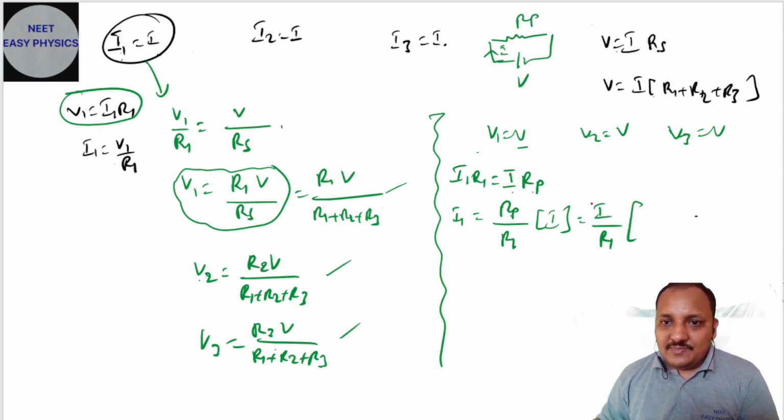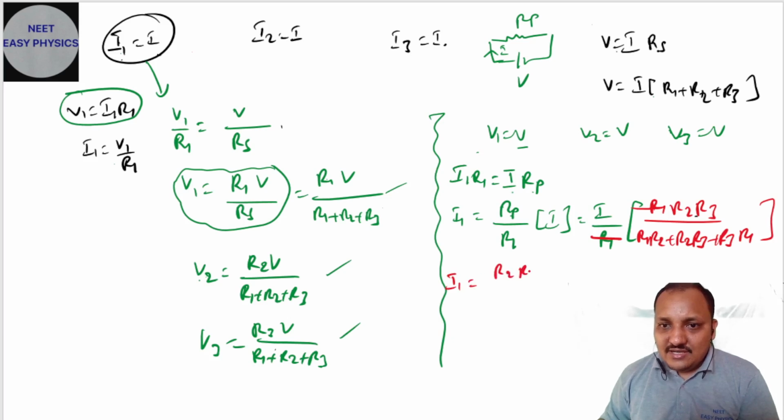In place of Rp, we can write R1 R2 R3 by R1 R2 plus R2 R3 plus R3 R1. So one R1 will be cancelled. Therefore, you got I1 is R2 R3 by the same denominator, R1 R2 plus R2 R3 plus R3 R1, into I.